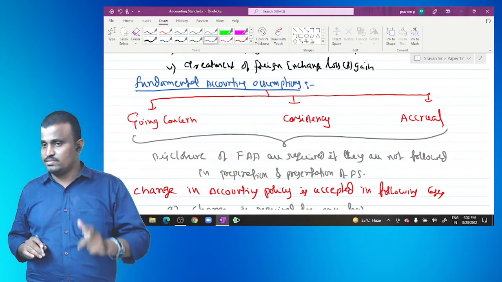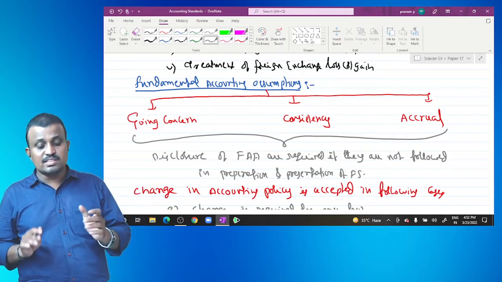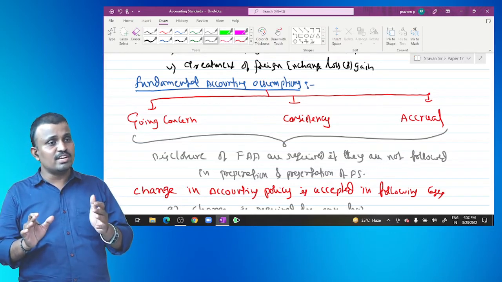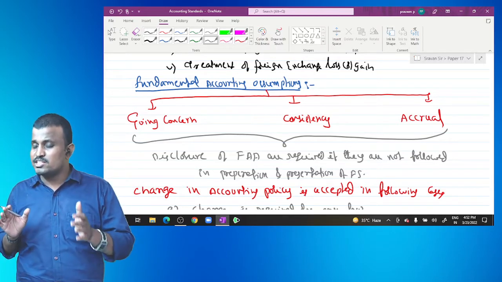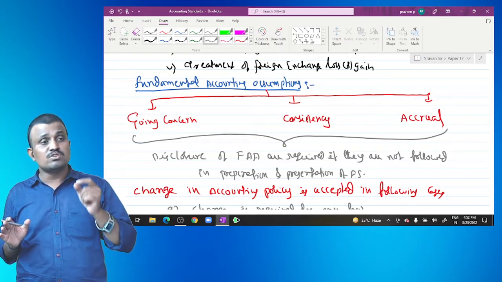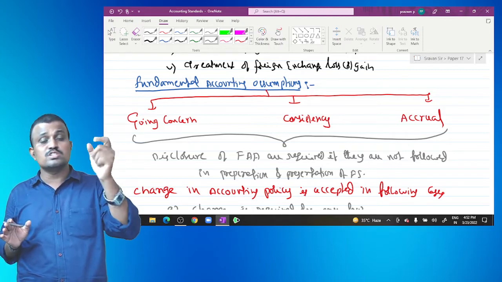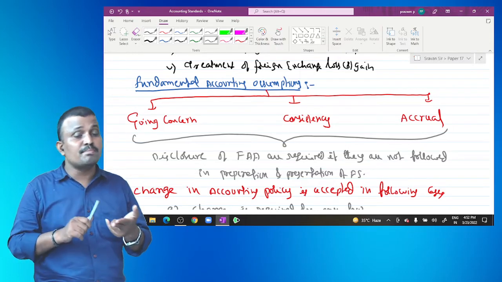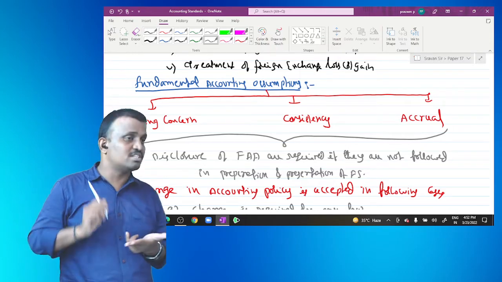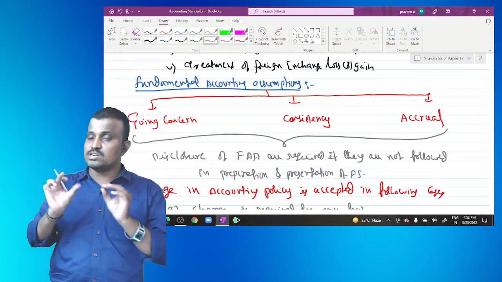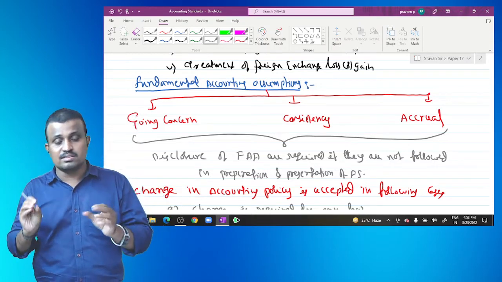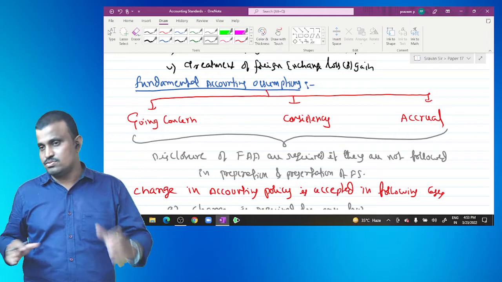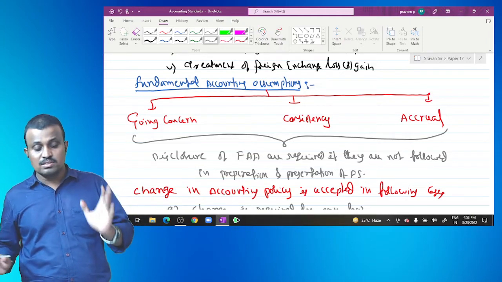So if the fundamental accounting assumptions are not followed, we have to give the reason why they are not followed, and then the impact of not following those assumptions. We have to give the disclosure relating to those factors in the notes on accounts.